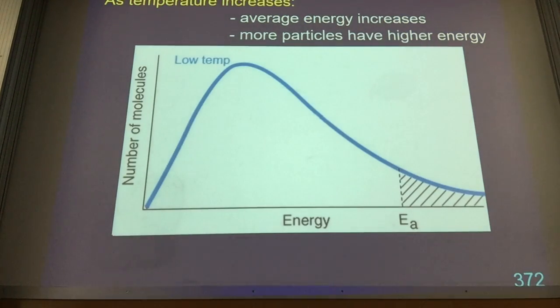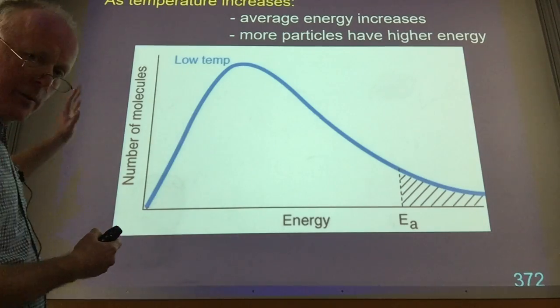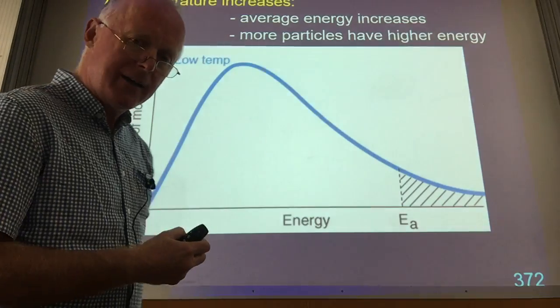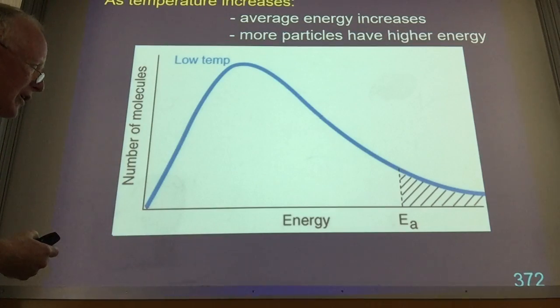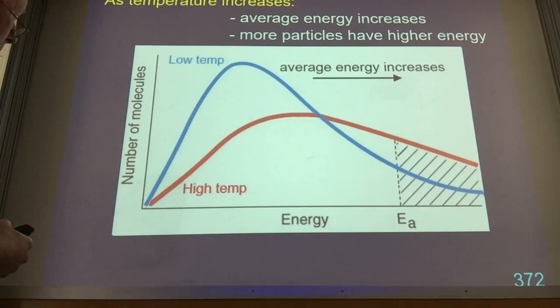If we increase the temperature, the average energy of the gas particles increases. So we shift the distribution of particle energies to the right. So this time, the average energy is higher.